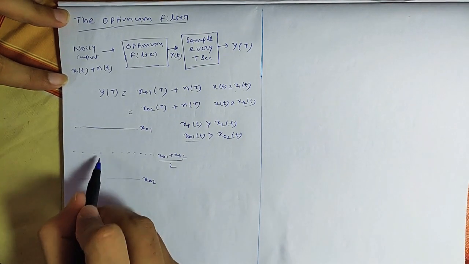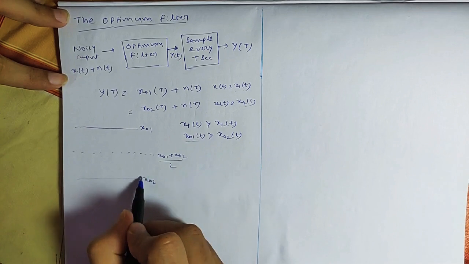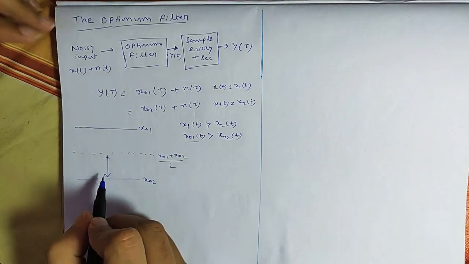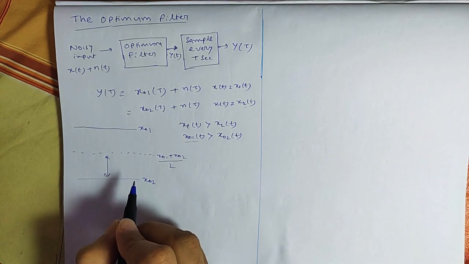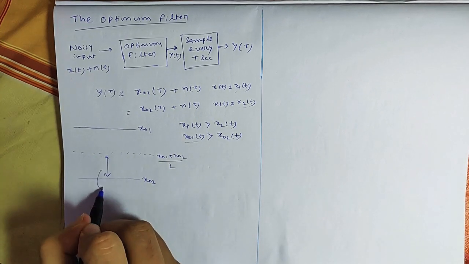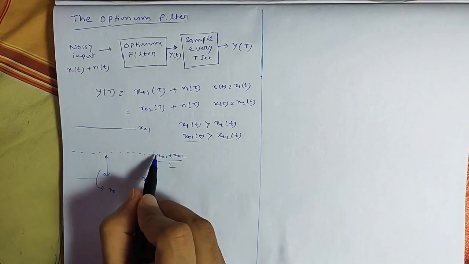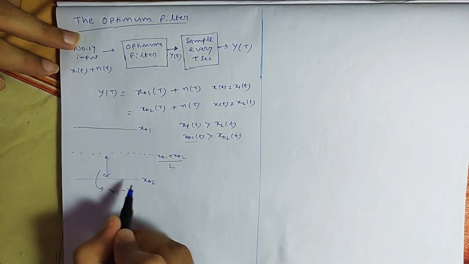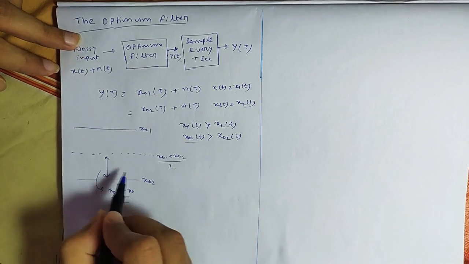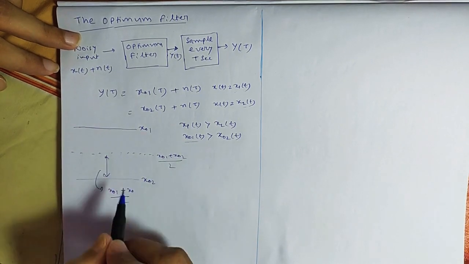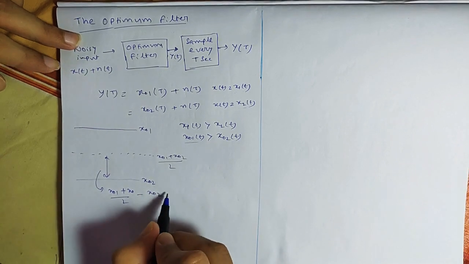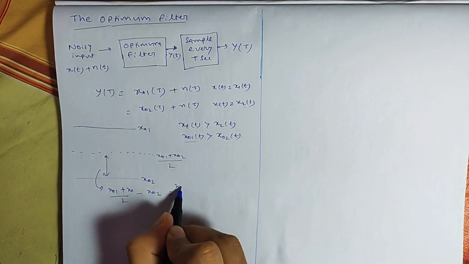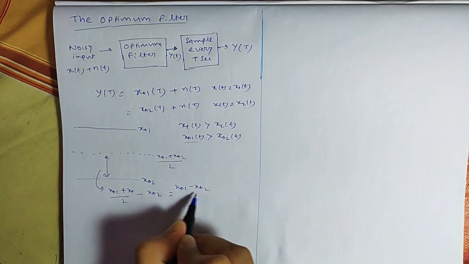The difference between the decision boundary and the signal levels is: x01 minus (x01 plus x02) by 2, which equals (x01 minus x02) by 2.